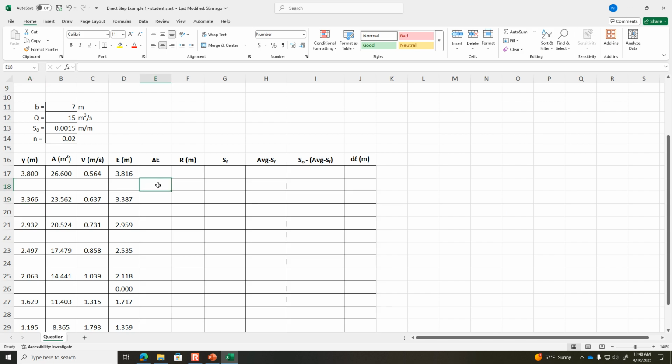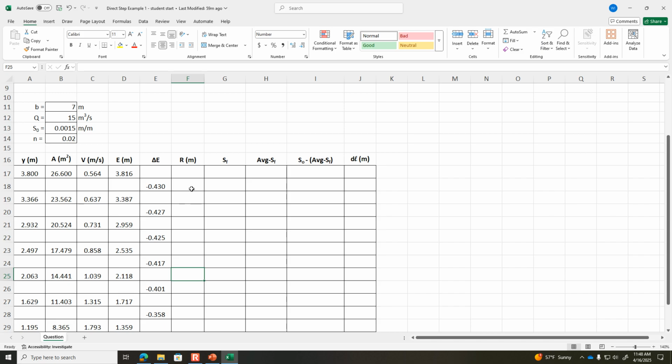So the delta E is the shallow one minus the deeper one. So that means that if you're moving upstream, there's less specific energy. Okay, and I want to find at the midpoint how much specific energy change is there as we're going upstream.